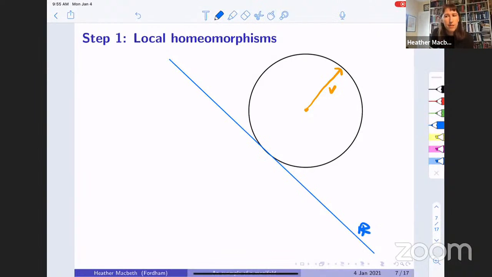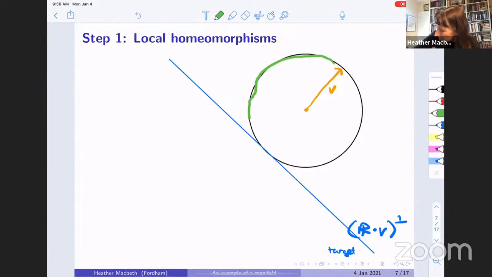And using notation which I introduced in MATLAB last week, I'm going to write this as R scalar product with v, orthogonal complement, to represent the orthogonal complement of the span of the single vector v. And so this will be our target, this space here, and the source will be all of the sphere with the exception of the point v itself.